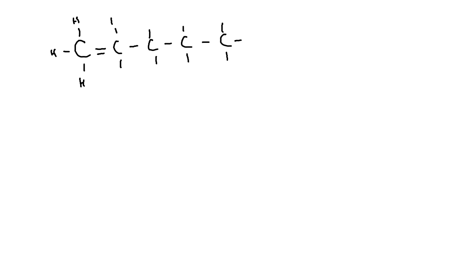Sorry, I'm so slow. Again, I know my H's look a bit like 4s. I don't mean that to be the case. But you can understand by now, right? So the longest chain has 5, and there's a multiple bond, right? So this is definitely pentyne.